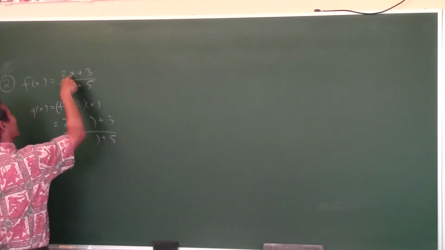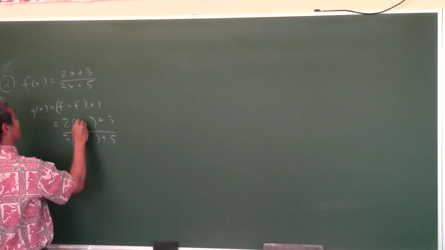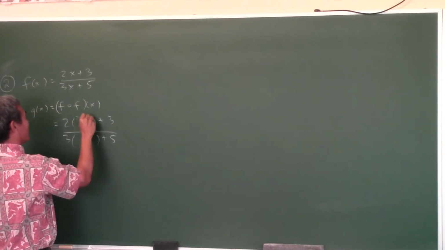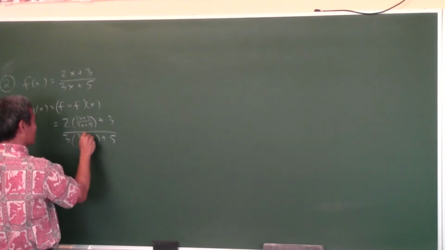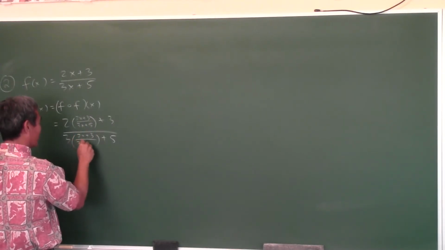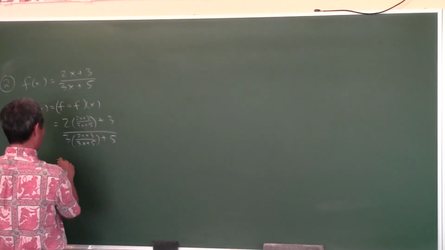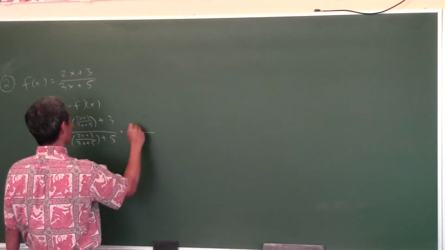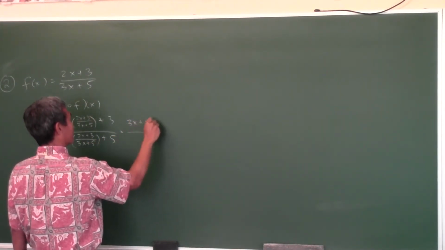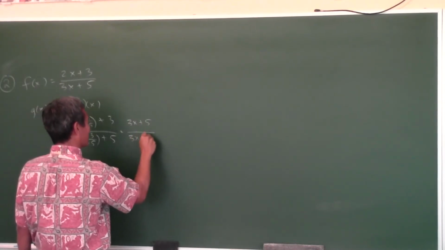And what do I plug in for x? Yeah, 2x plus 3 over 3x plus 5. And then you got to simplify this. So multiply top and bottom by 3x plus 5 because that's the least common denominator.